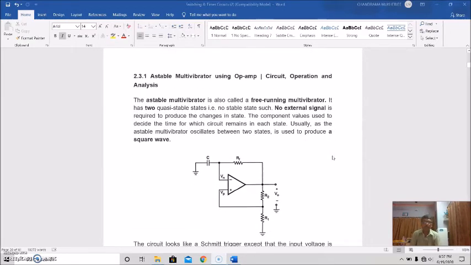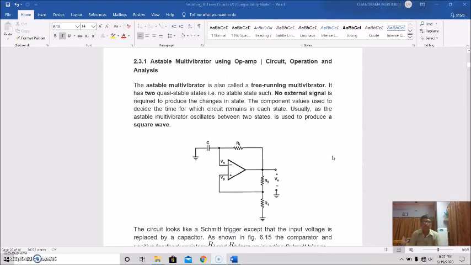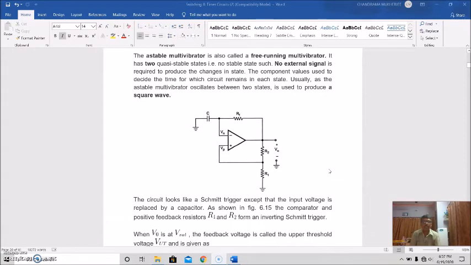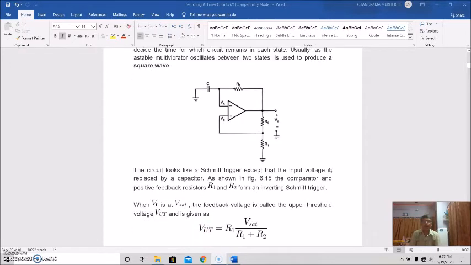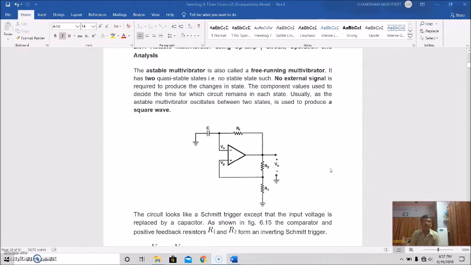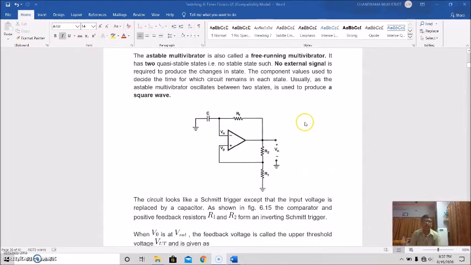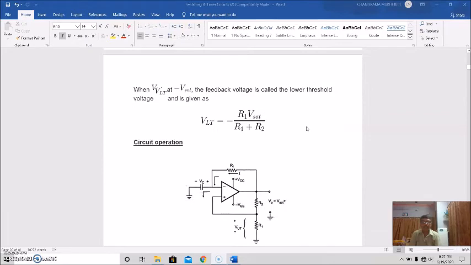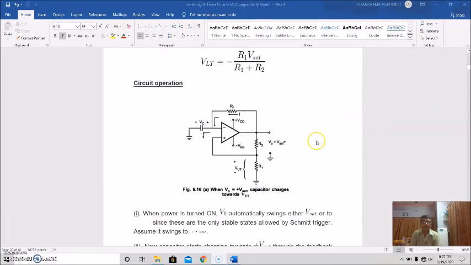Astable means two quasi-stable states. It is also called a free-running multivibrator. No external signal is required to produce the changes in state. The oscillator oscillates between two states, so it is used to produce a square wave. We have seen the production of the square wave.